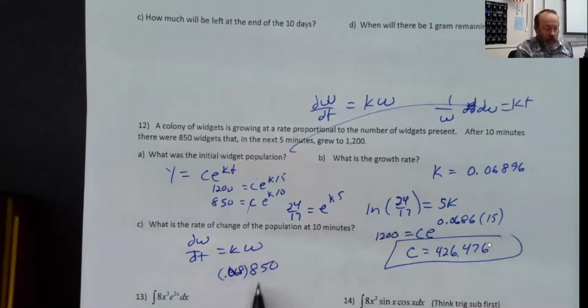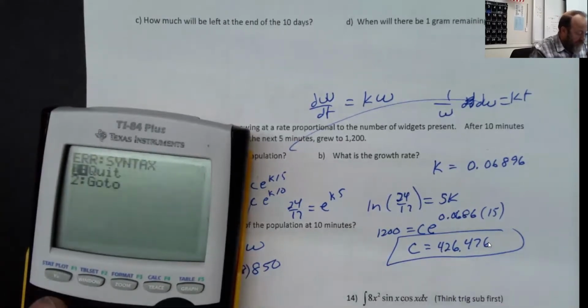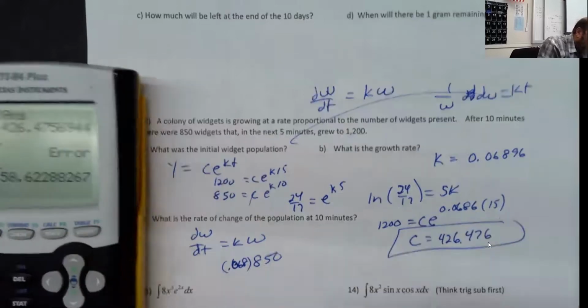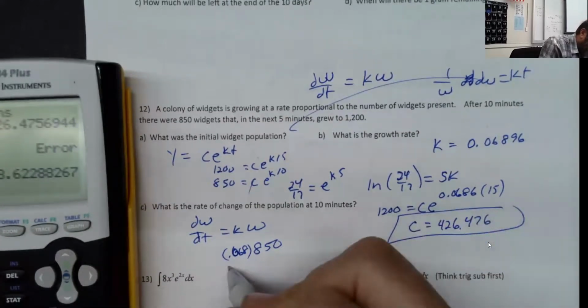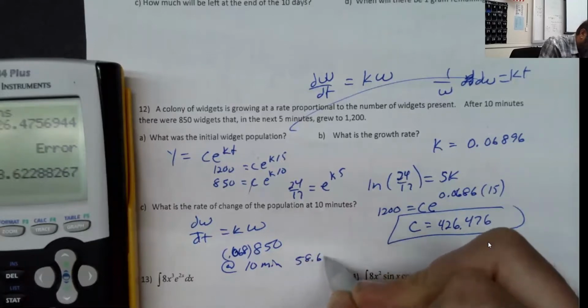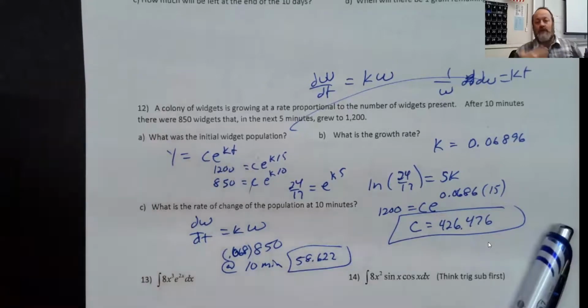Sorry, I didn't write that very well. So if I took 850 and multiplied that by k, 850 times k, the rate of change at 10 minutes is 58.622. But remember, the more widgets we have, the faster the widgets grow.